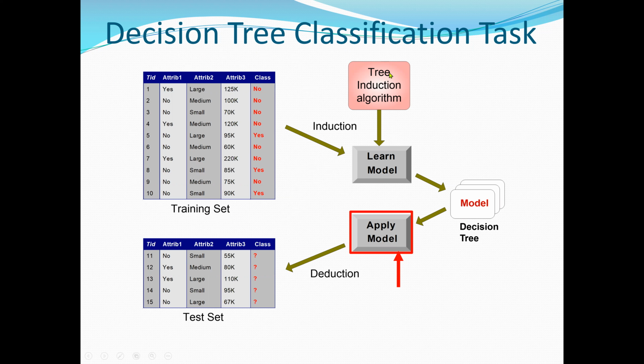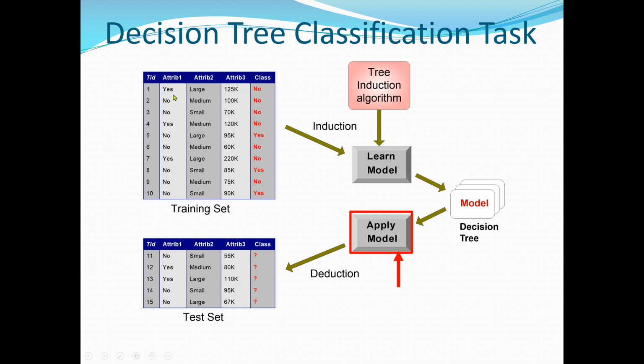We apply the decision tree algorithm, or the tree induction algorithm, to the training data set. A training data set also consists of the class variable, or the target variable. An example here is a data set about taxpayers. The first column is TID, which stands for the tax ID.